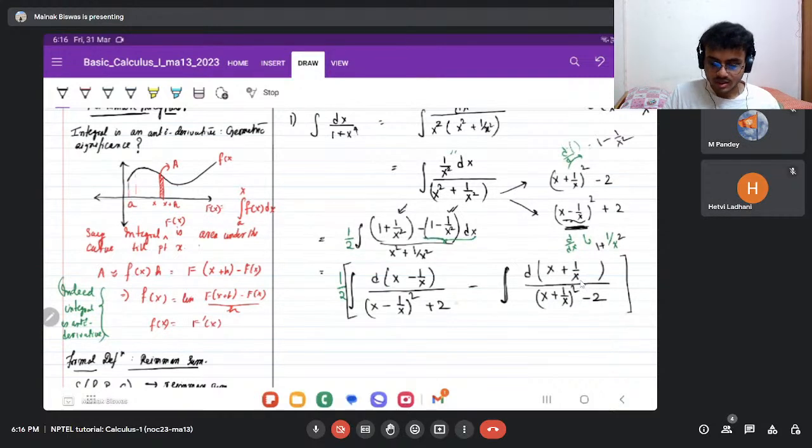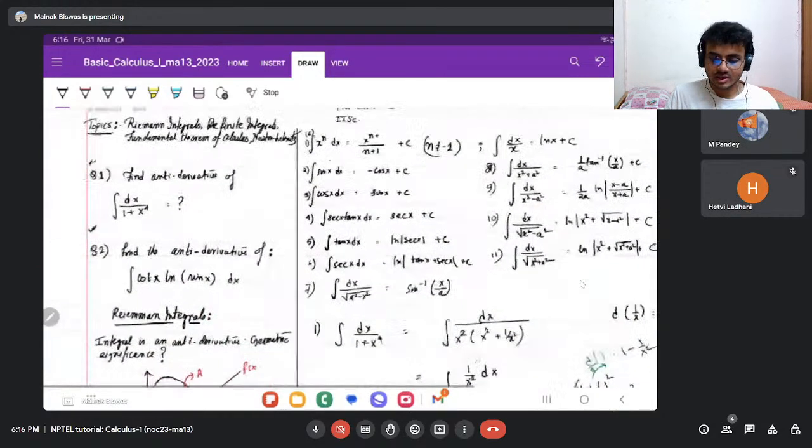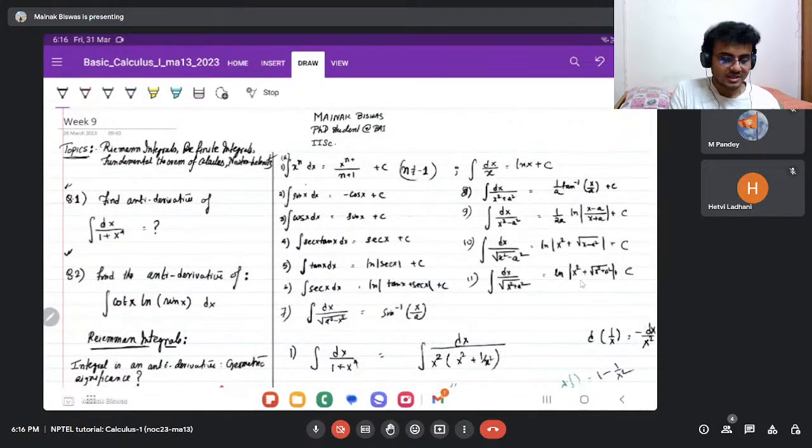So this form gives tan inverse. We had seen last day that for x square plus a square the integral is 1 over a tan inverse of x by a, and for x square minus a square it is 1 over 2a ln of x minus a by x plus a.